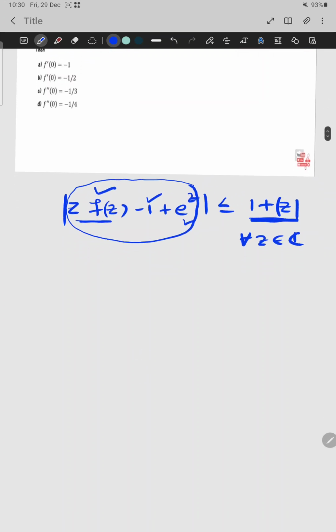Then we know that if an entire function is bounded by this quantity, means here the power is a linear polynomial type, so this entire function should be equal to a linear polynomial.